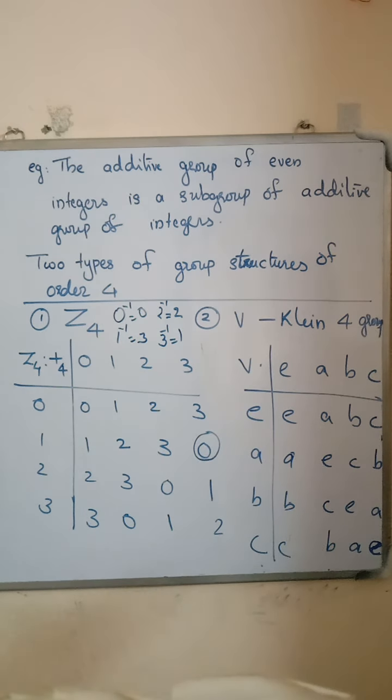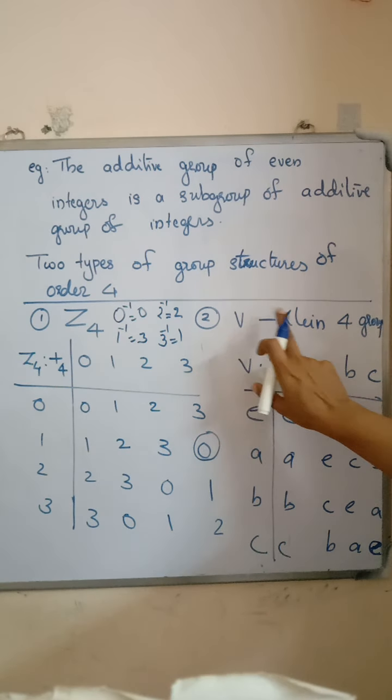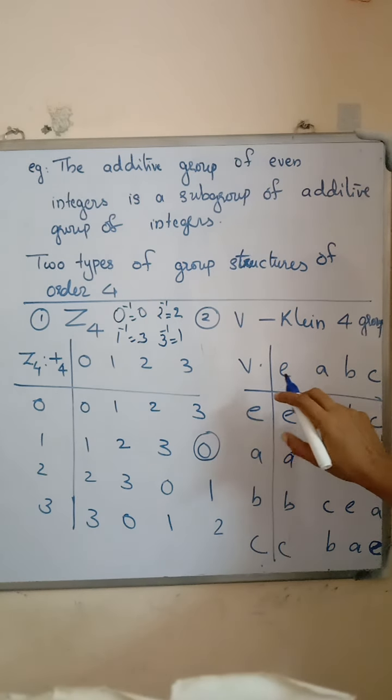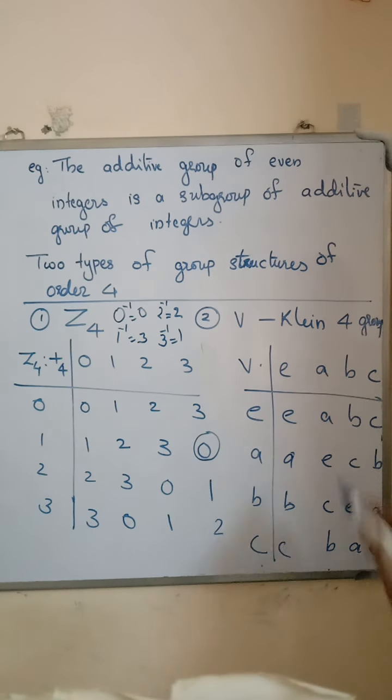Okay. Next group of order 4 is represented as V. It is known as the Klein 4 group. The Klein 4 group is defined as follows. Here the operation is not the usual multiplication.